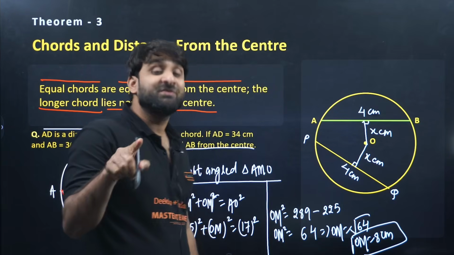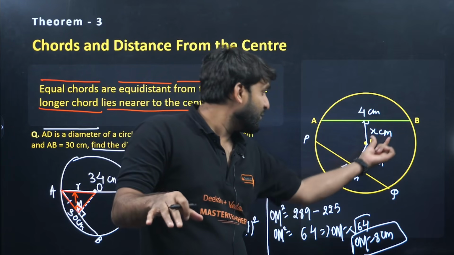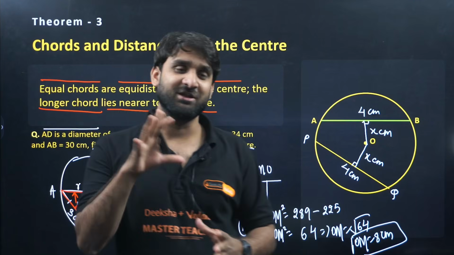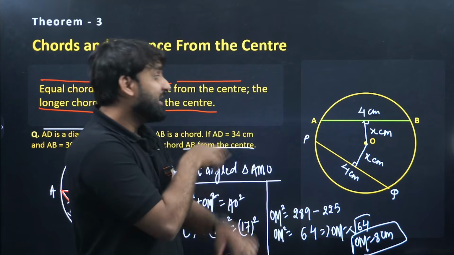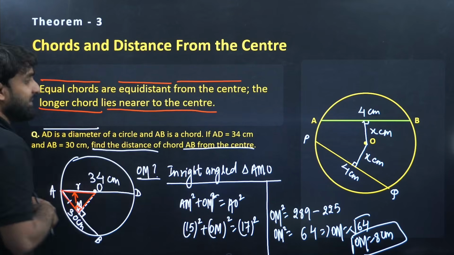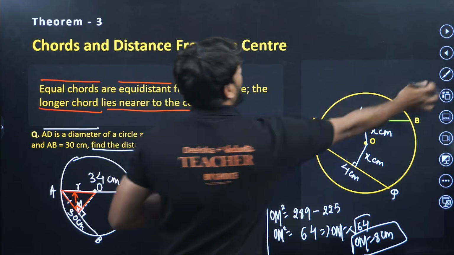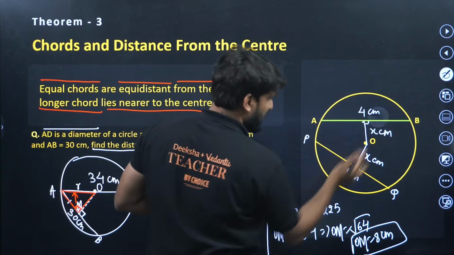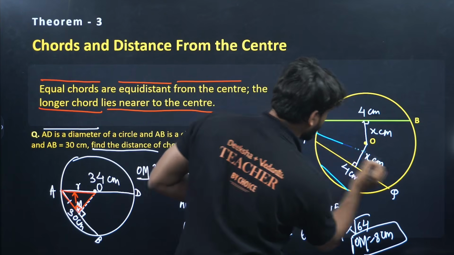So this theorem says that equal chords are always at equal distances from the center, X centimeter and X centimeter. I hope this is clear to you all. Okay, equal chords are at equal distance from the center, and do you know, my dear champion, just imagine I have one chord here and I have one chord here.